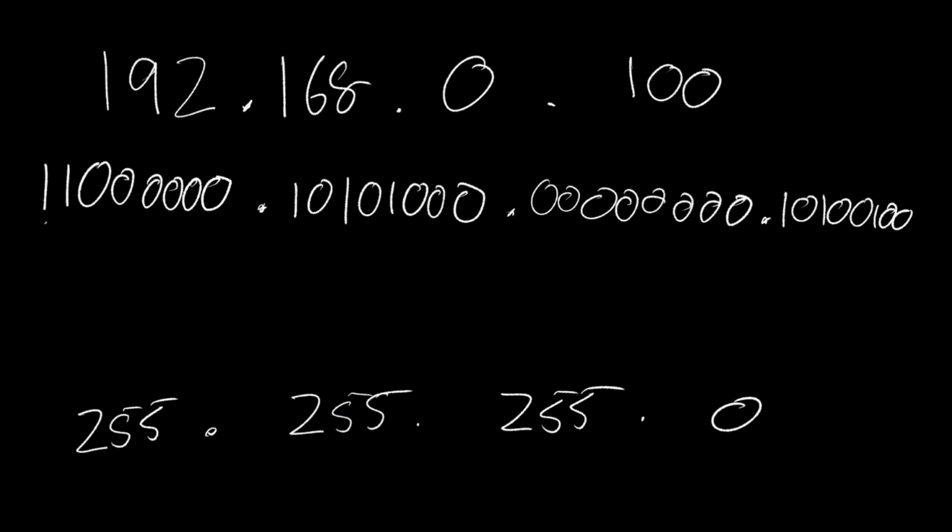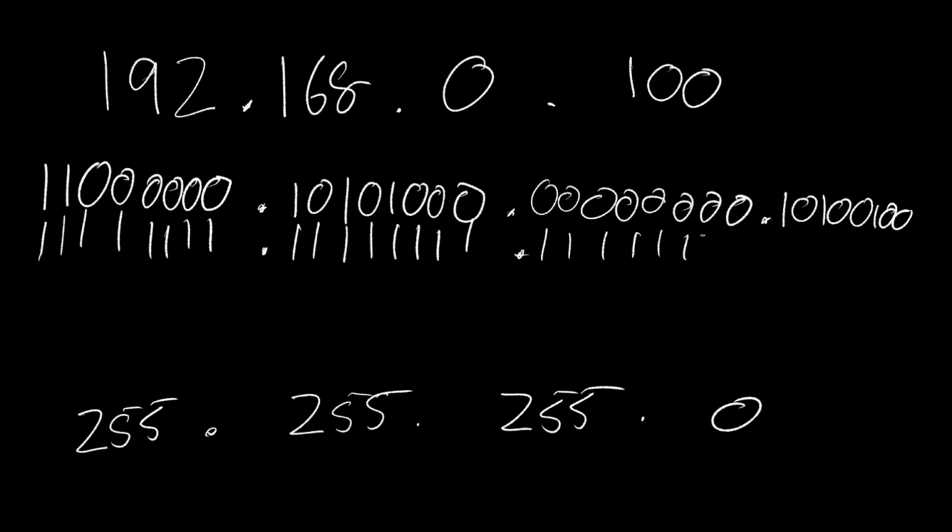So 255 is just 11111111, and a little dot there. 11111111, little dot. 11111111 dot 00000000. Okay, so as I said, that's our IP address, and this is our network mask.